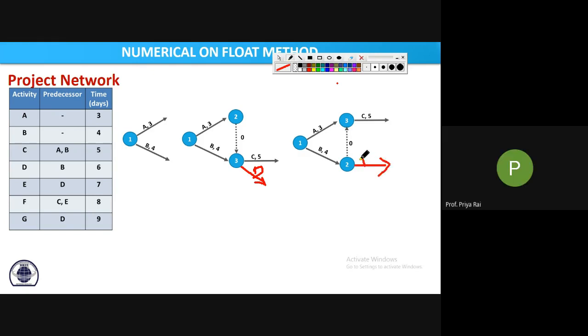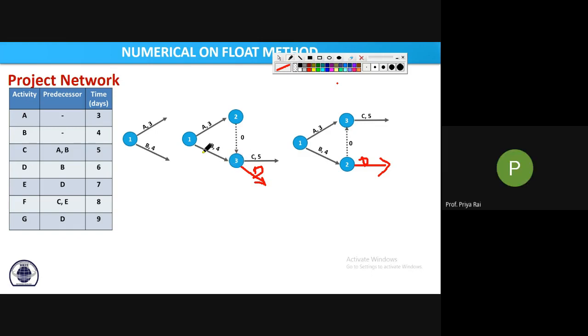Now tell me which is correct and which is incorrect. See, in this event, does only B activity end? No, ma'am.